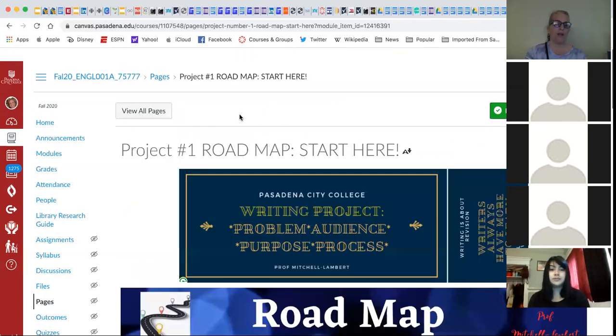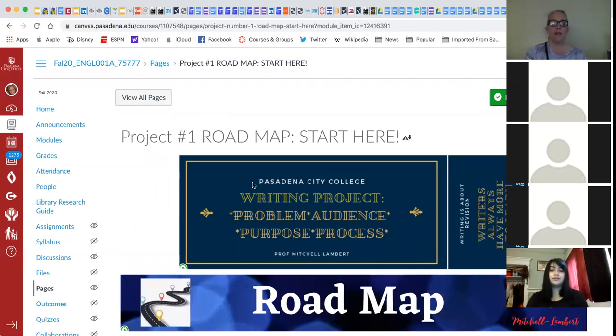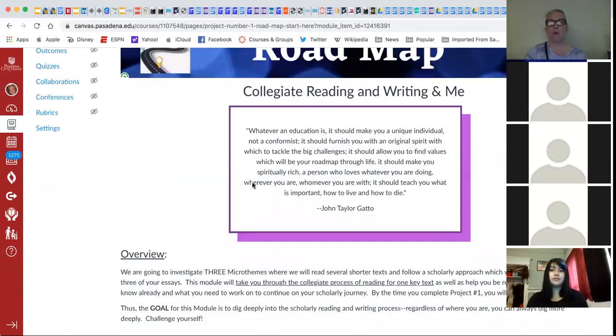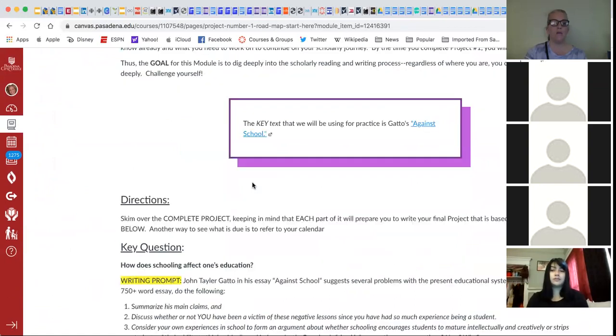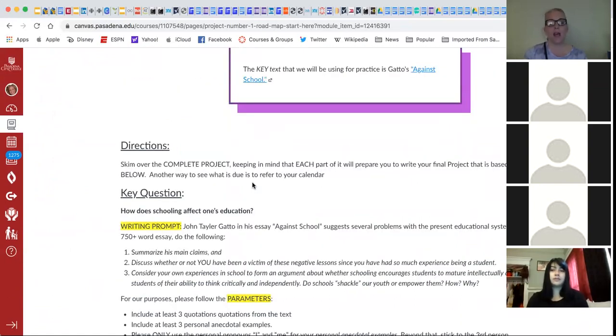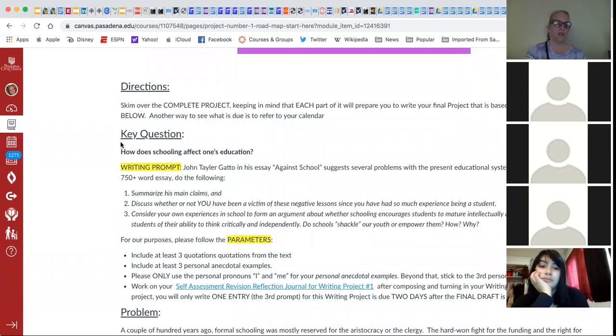We have the writing project roadmap, the project number 1 roadmap, and in every roadmap you will have the writing prompt, except for the timed writes, but you're able to see some ideas about what the topic is at least. Our writing prompt is here. We have a key question that is the overall question, and then we have the writing prompt where you need to look at the different sub items for each one.